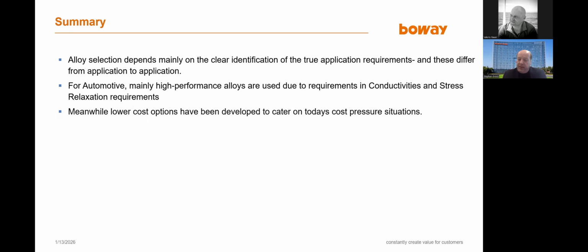And please be aware as well, even for standard materials like a bronze, or sometimes a copper nickel silicon, there are meanwhile alloys which have been developed that could cater to this kind of cost pressure. Therefore, it's very important that this information gets across the supply chain.